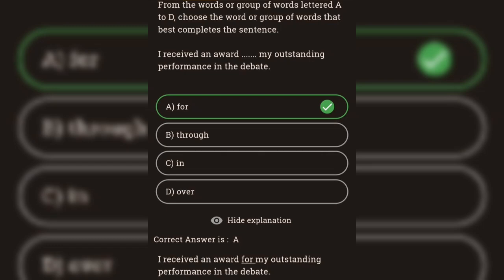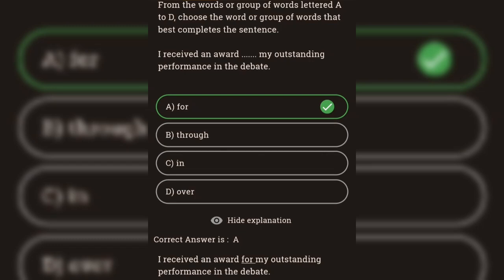Another example. I received an award for my outstanding performance in the debate. Not I received an award through, I received an award in, I received an award over. No. The answer is for.